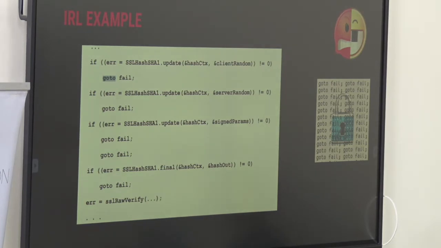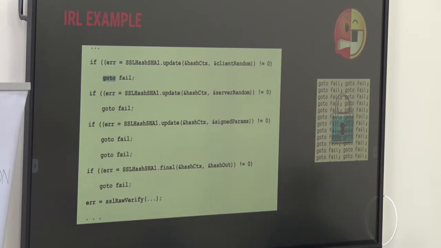So I have an example here where in the year 2014 we had a famous bug, and this is the block of code that caused it. I'll give you 1 or 2 minutes to tell me where the bug is and what it might cause. And if you get it right, I have a reward for you.